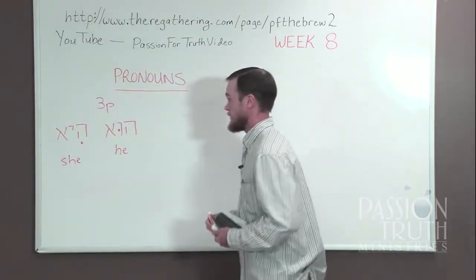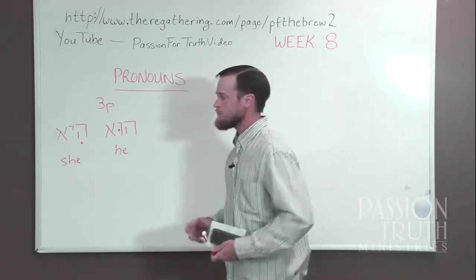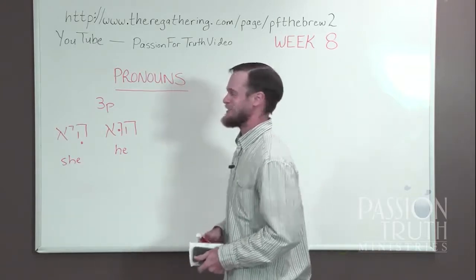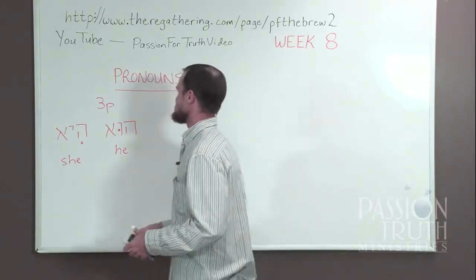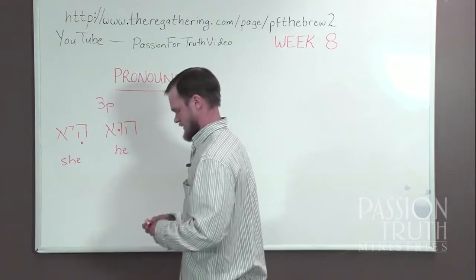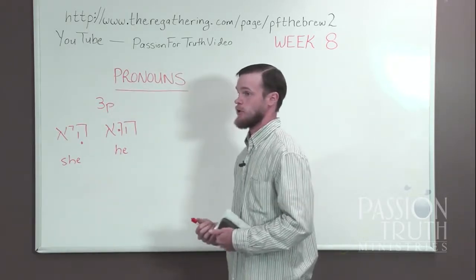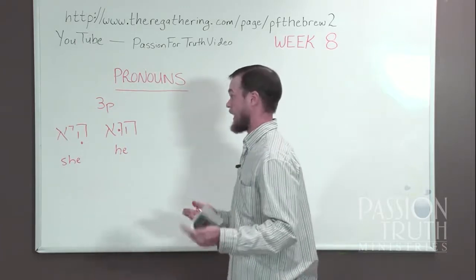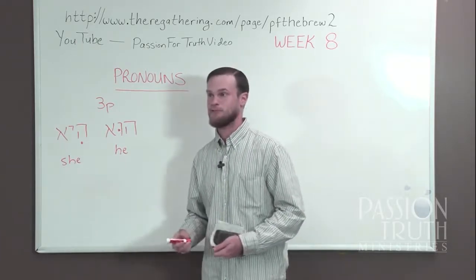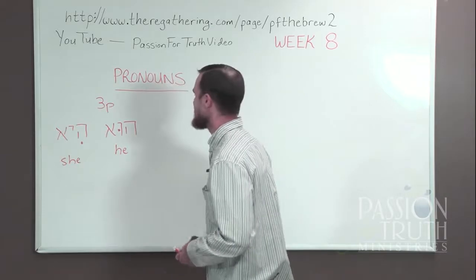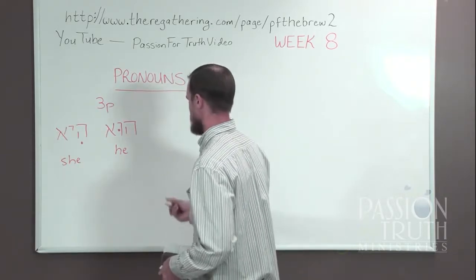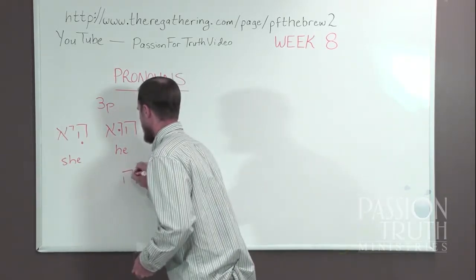So that shouldn't be confusing at all. Hu is he and hi is she. If you're a woman and a Hebrew-speaking person calls you hi, they're being accurate, they're not confused. And then the plural, hem.